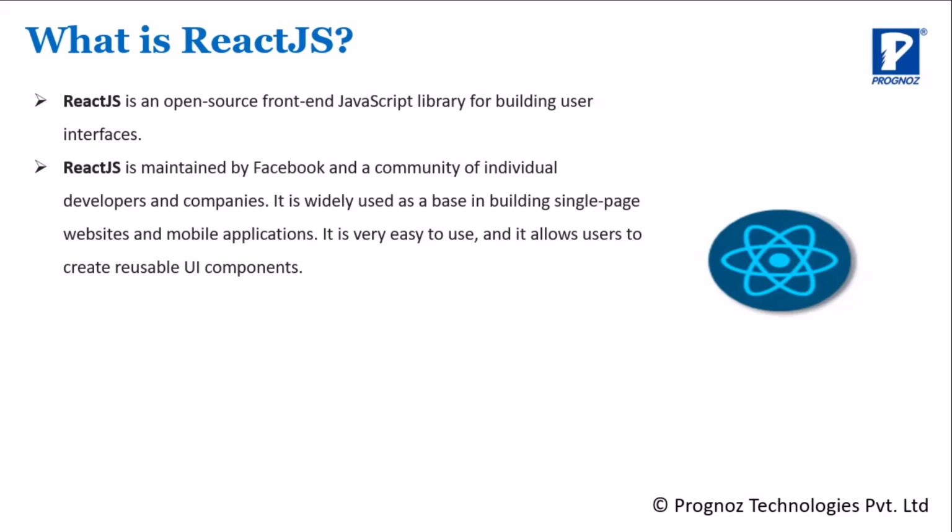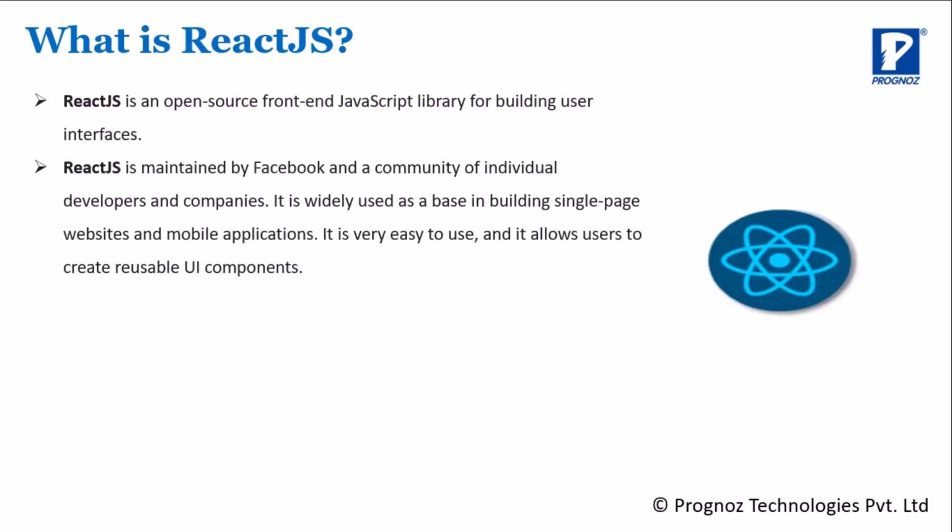It allows the user to create reusable user interface components. What does that mean? Whenever we are developing any application, on any site you go to, you can see different parts in the website, like the navigation bar, the footer, the content area, the login.